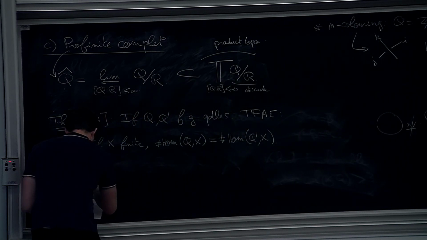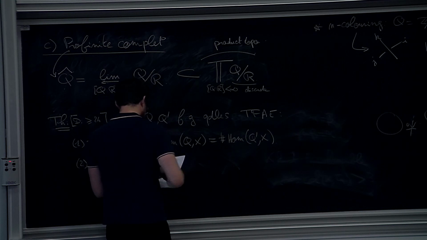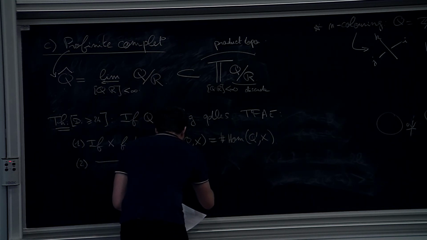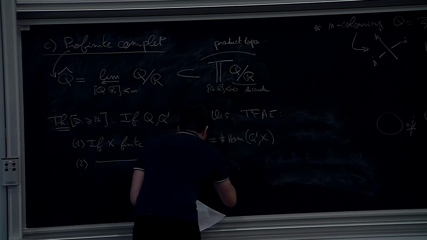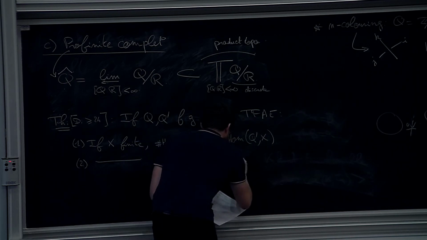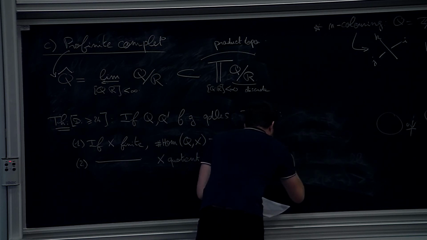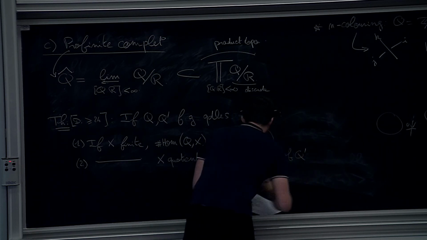Two, if X is a finite quandle, then X is a quotient of Q if and only if it is a quotient of Q prime.